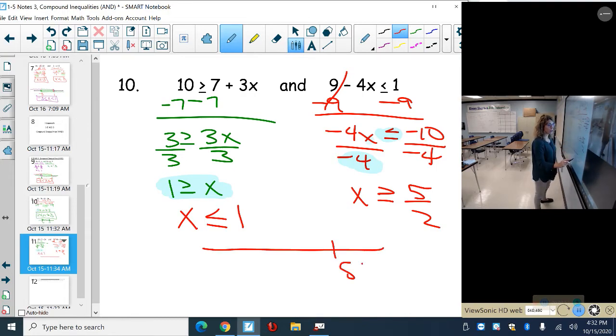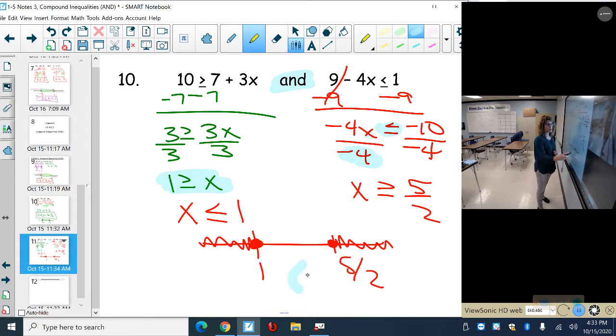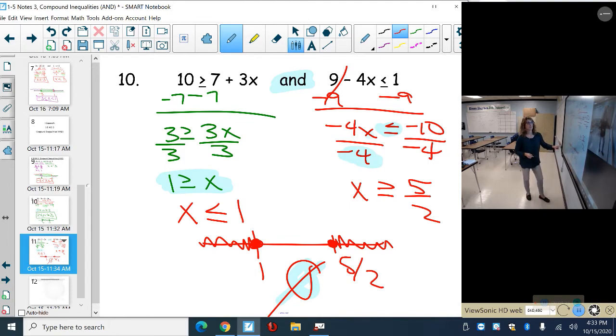So 5 over 2 goes here, and 1 goes here. It is a closed dot at 1, and I'm shading down. It is a closed dot at 5 over 2, and I'm shading up. Now my question is, since this is an and, I need to know when both of these work for an x value. And since they don't overlap anywhere, the answer is going to be no solution. So there is no solution for number 10.